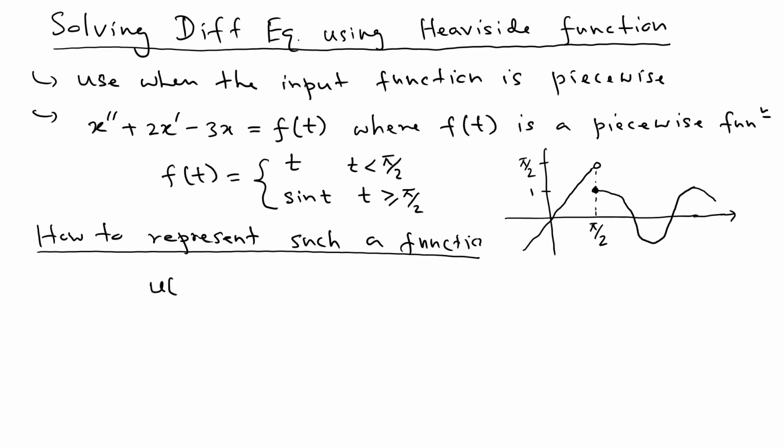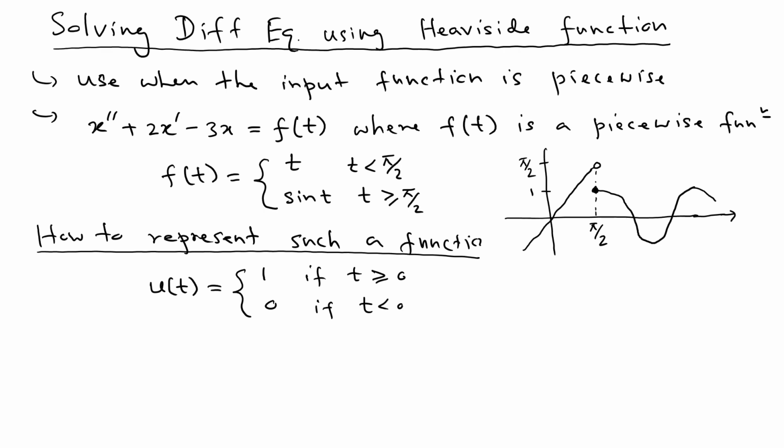We normally write u(t). That's the basic one. What is that? It is 1 if t is greater than or equal to 0, and otherwise 0 if t is less than 0.